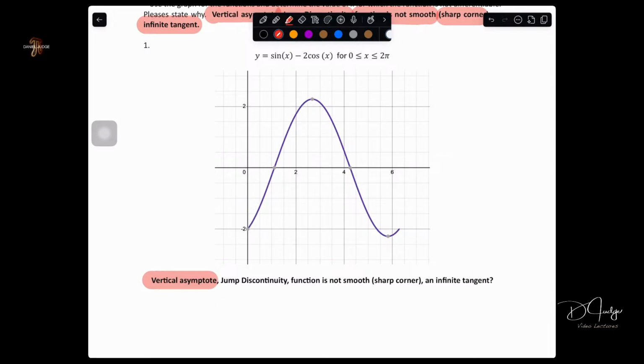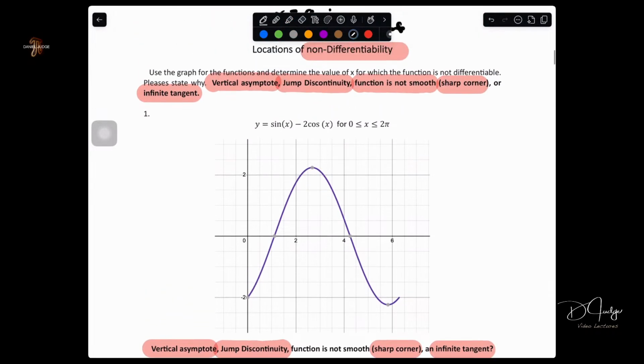No. There's no vertical asymptotes on your curve. Is there any jump discontinuities? The answer is no. Are there any sharp corners here? No. Is there an infinite tangent, meaning is there a portion of the curve that is vertical? The answer is no for all of these.